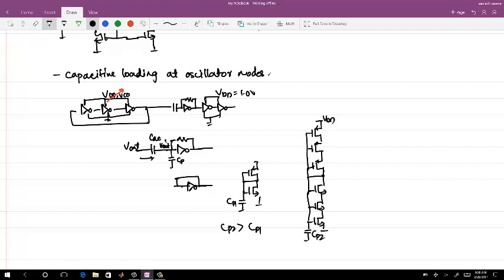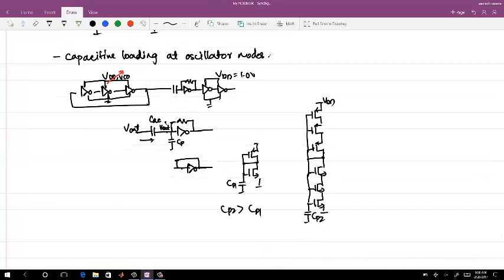Okay. So which one? Yeah. Yeah, means that resistance will come into account there. 1 by GM. Yeah.